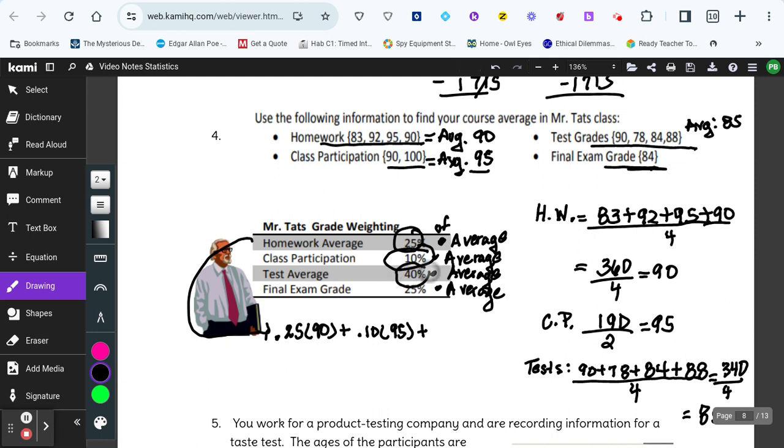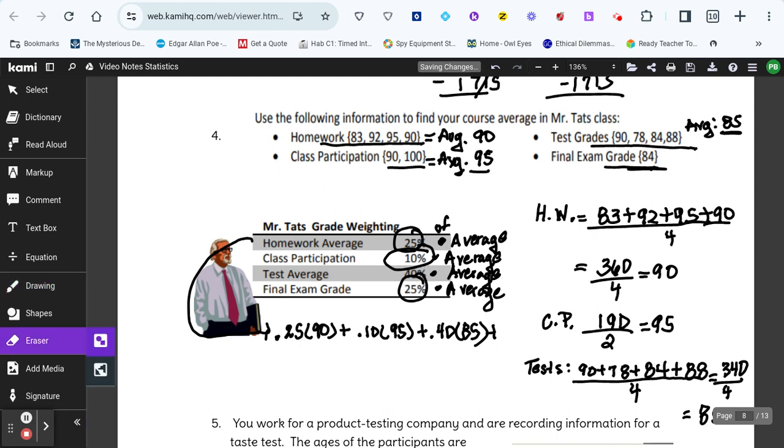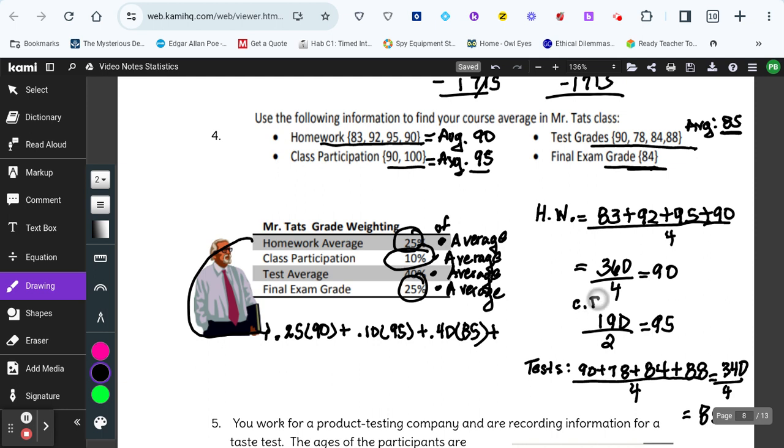Plus, I want 40% of my test average, so that's 0.40, or 0.4, of an 85. And then lastly, it's 25%, so that's 0.25, of that final exam, which was an 84.